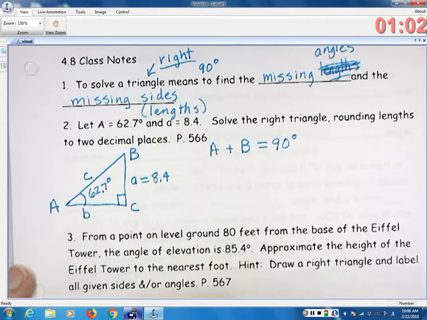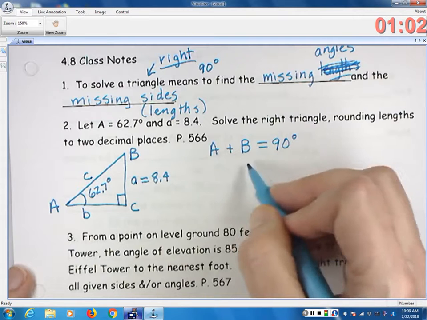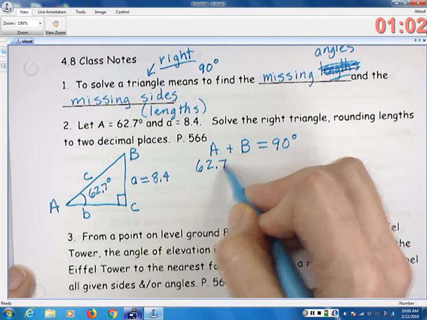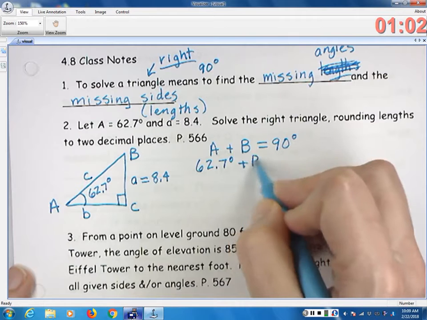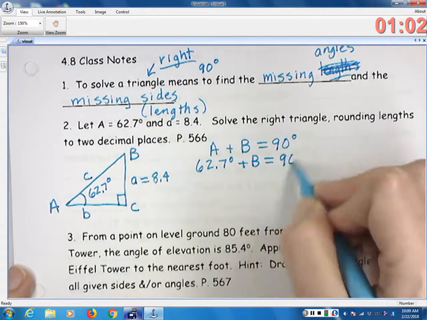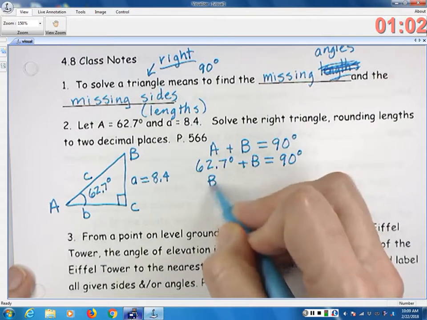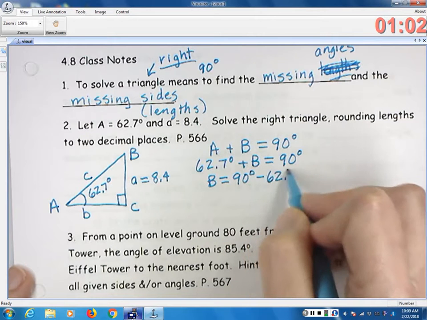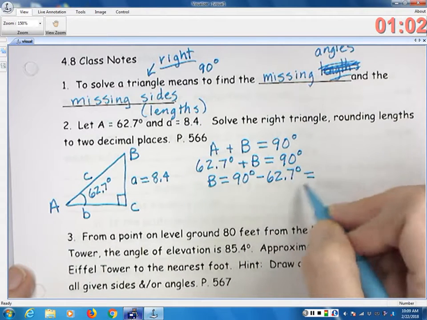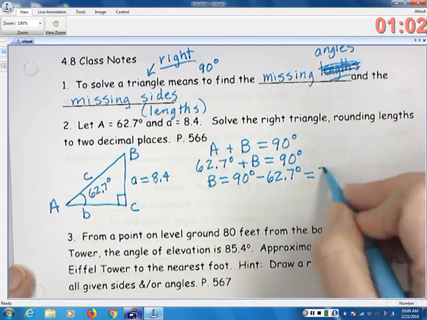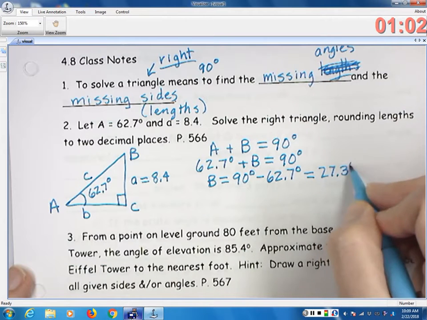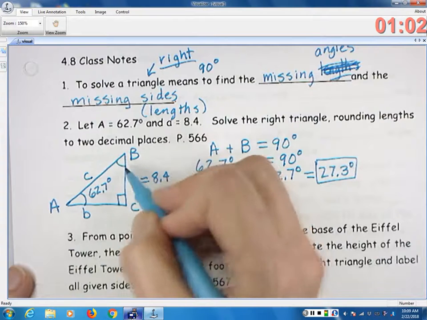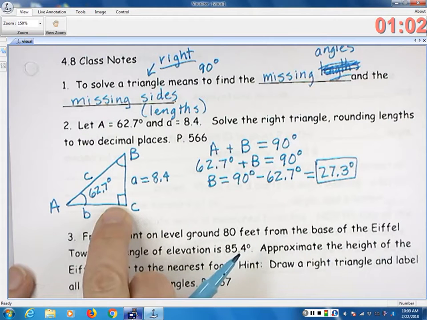So we can find angle B by subtracting from 90 degrees. B is 90 degrees minus 62.7 degrees, and that is 27.3 degrees. That's one of our missing angles. We don't need to find the 90-degree angle, guys.